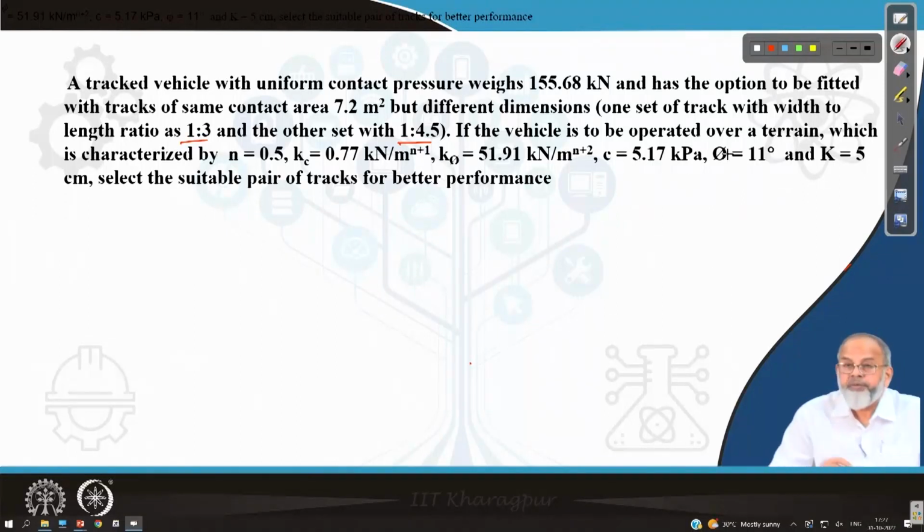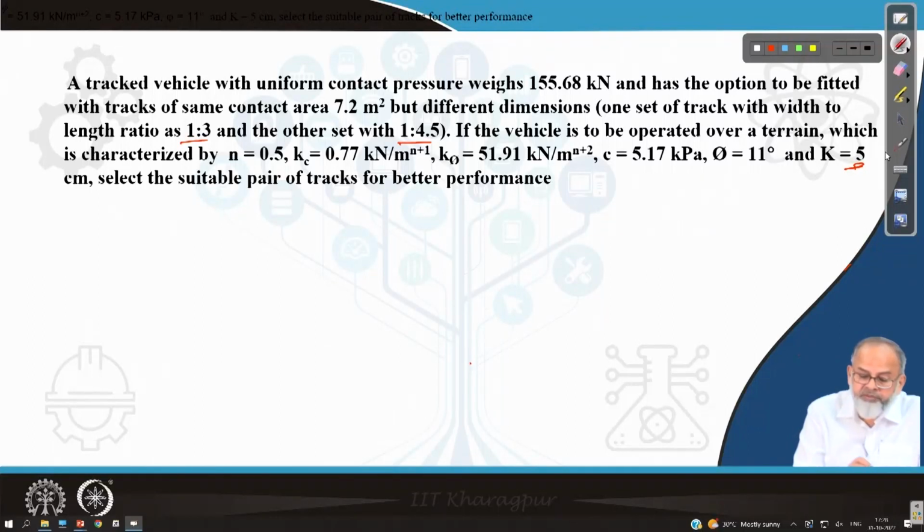The vehicle is to be operated over a terrain characterized by exponent of sinkage n as 0.5, cohesive modulus of sinkage 0.77 kilonewton per meter raised to the power n plus 1, K phi frictional modulus of sinkage 51.91 kilonewton per meter raised to the power n plus 2, cohesion 5.17 kilopascal, angle of internal friction 11 degree, and shear deformation modulus as 5 centimeter.